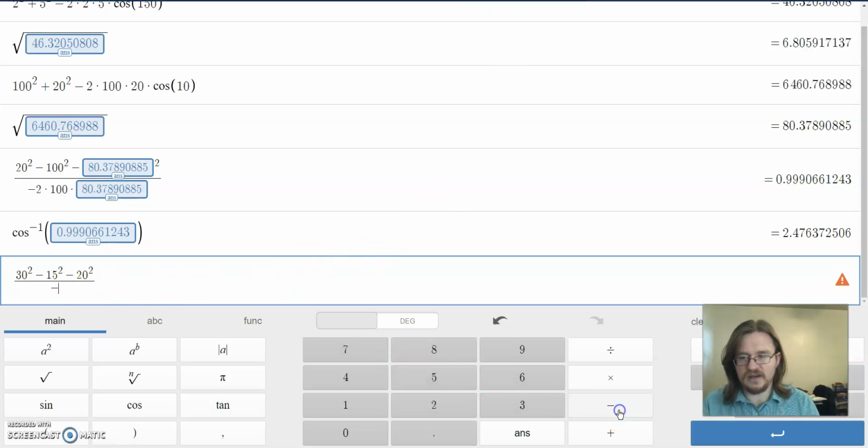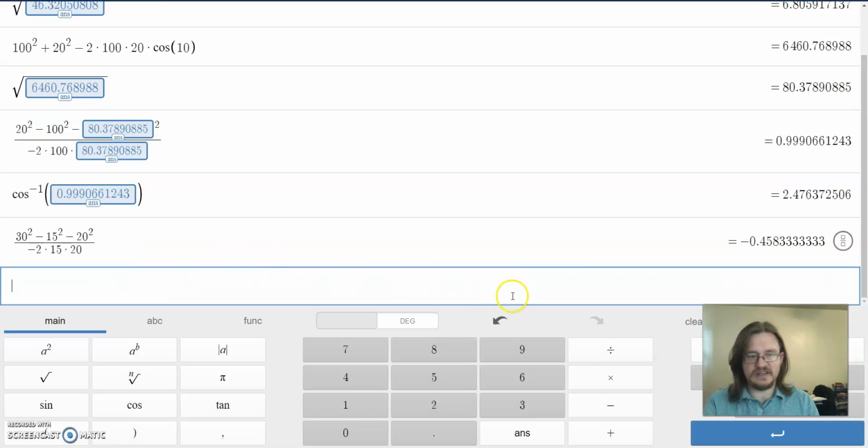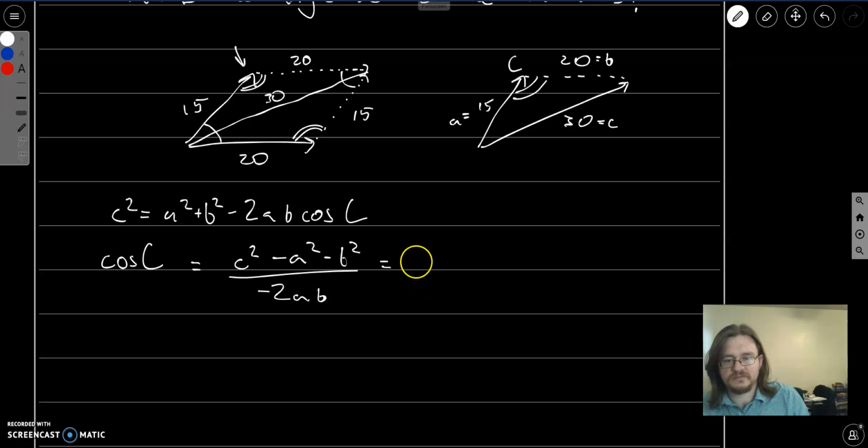All divided by negative 2 times A times B. Cool. So we get negative, let's round that to 0.46.